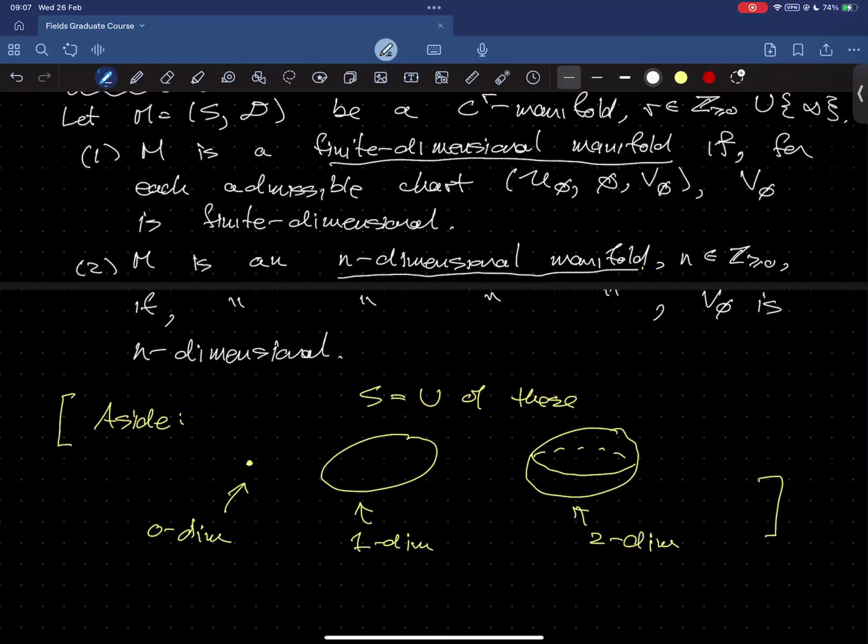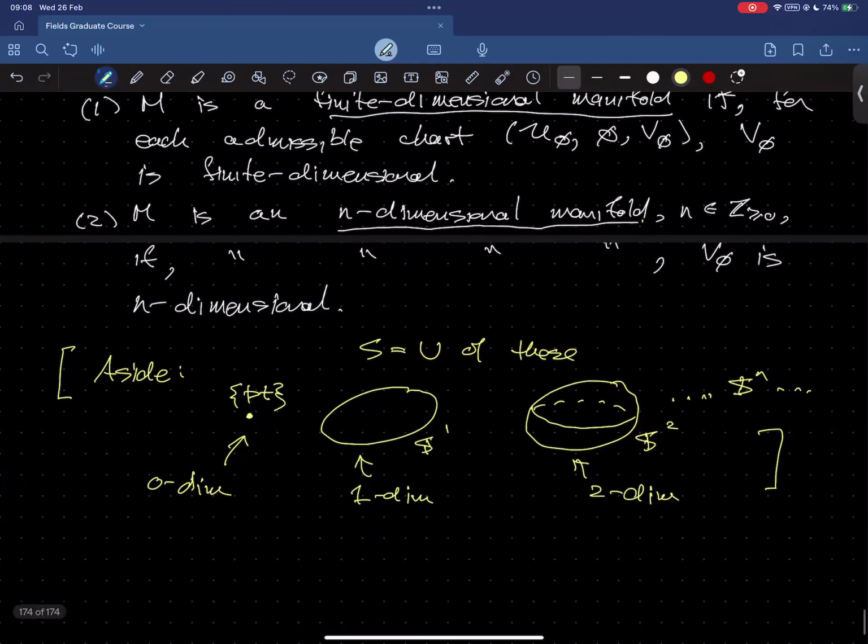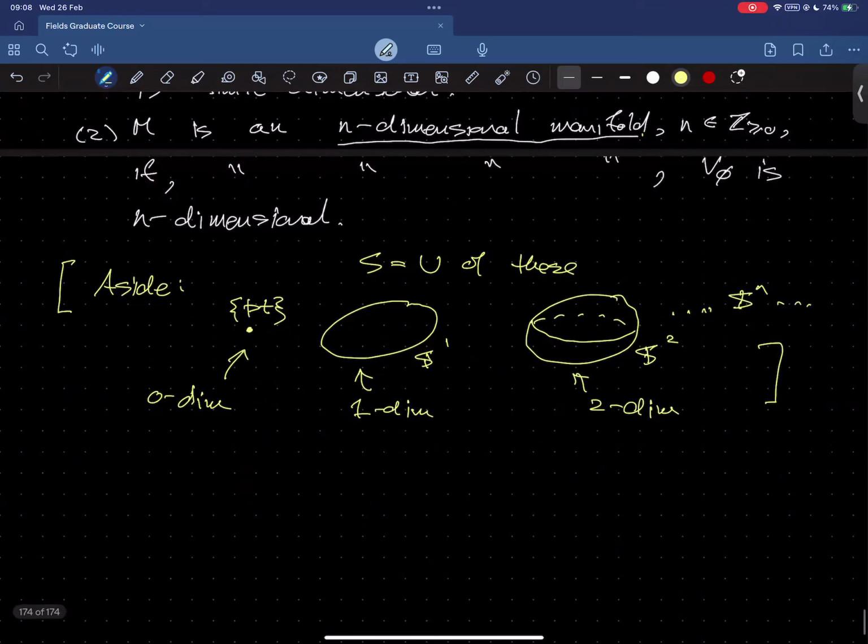For example, you could take this construction that I've drawn here: here I basically have a point, here I have S1, here I have S2, and you could just take countable unions of S^n's. That will still be a finite dimensional manifold, but there's no bound on the dimension of the components. So you can get these fairly uninteresting, but pathological behaviors. Just be aware of what the definition says and what it doesn't say.